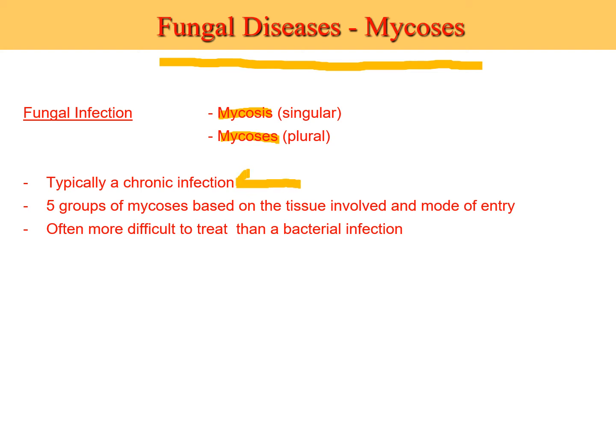There are 5 different groups of fungal infections or mycoses, and they are classified based on the tissue involved and the mode of entry. It is often much more difficult to treat fungal infections than bacterial infections because fungi are eukaryotic organisms, whereas bacteria are prokaryotic organisms.